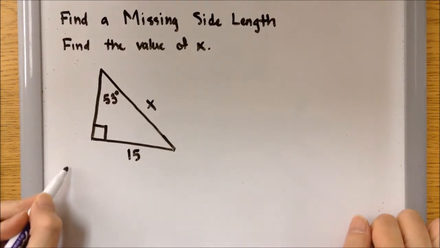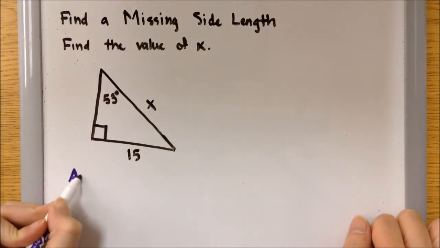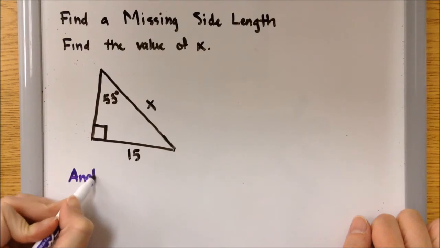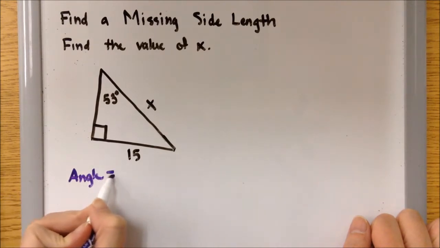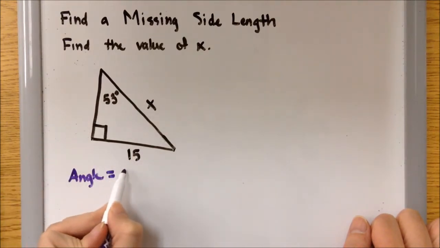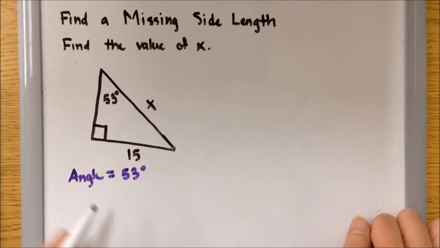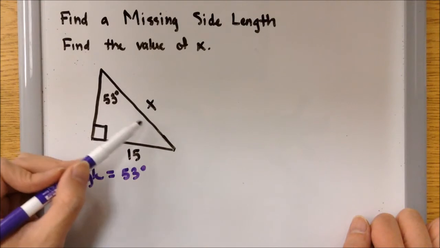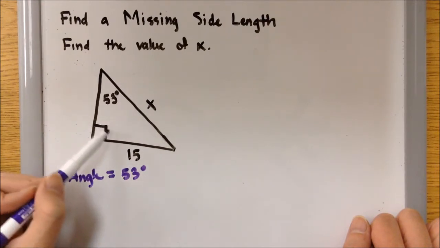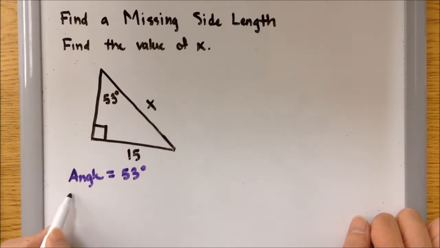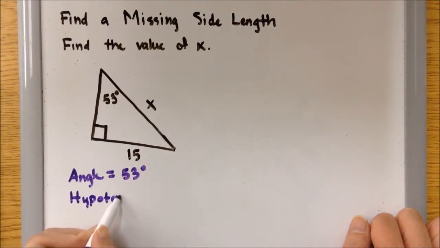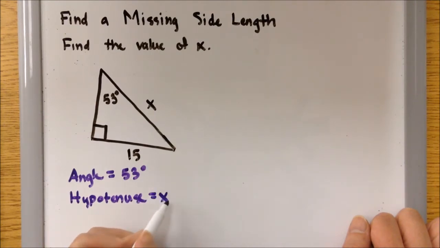Our angle is 53 degrees. And then here, this side is across the right angle, so this is the hypotenuse, which is x.